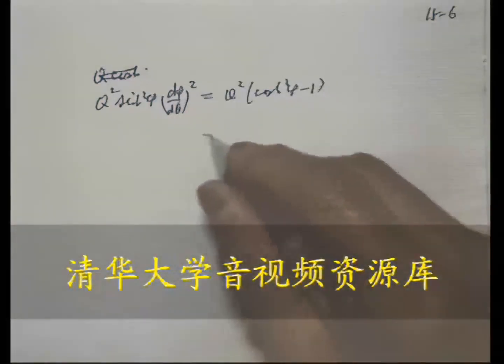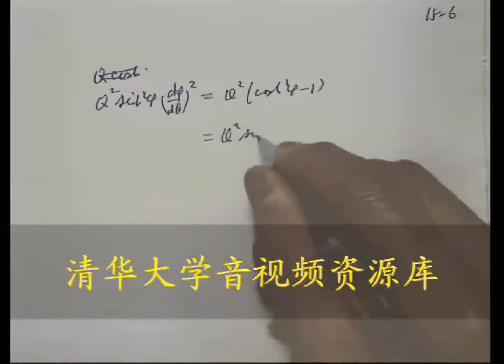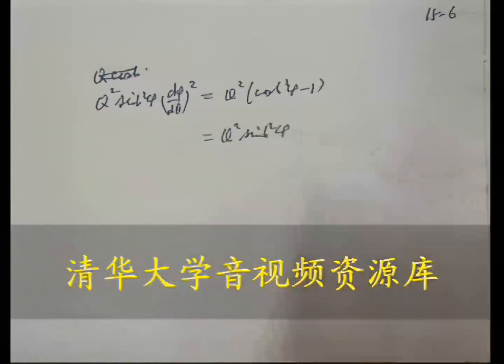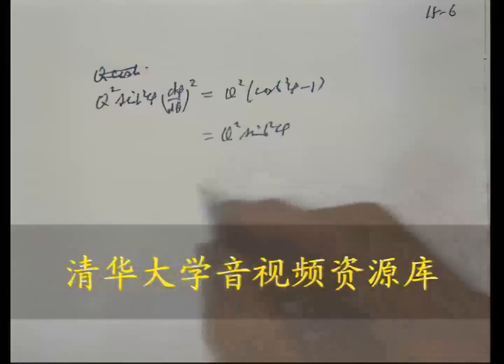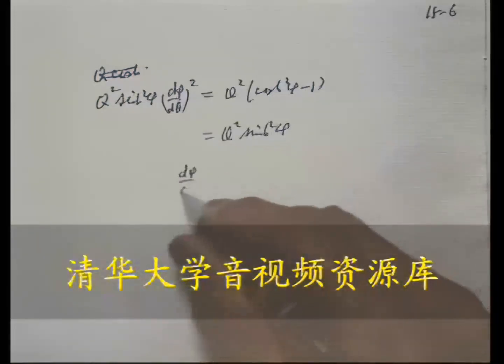But that is equal to sinh squared. The trick is extremely similar to the sine case. So you eliminate those, you get dφ/dθ is equal to 1.